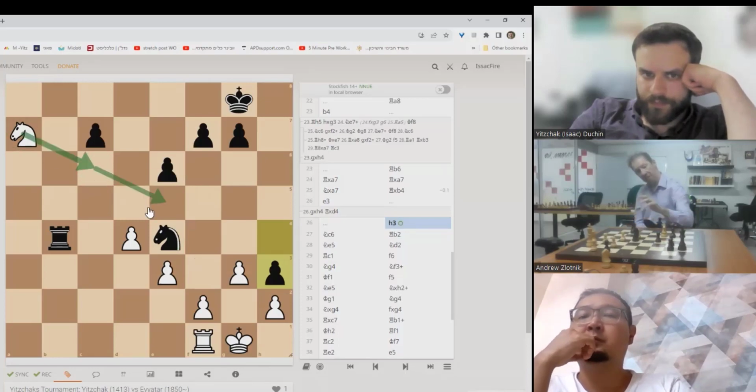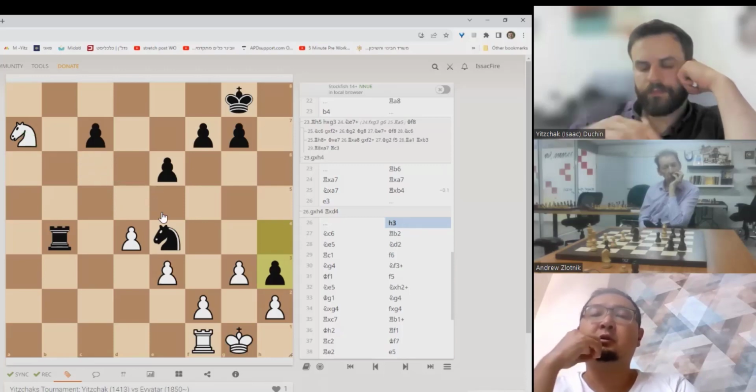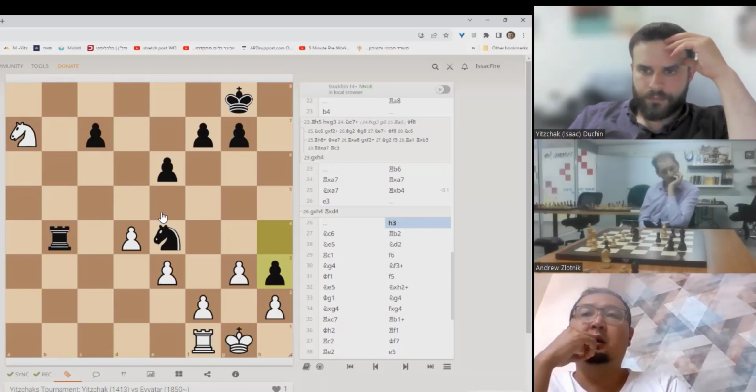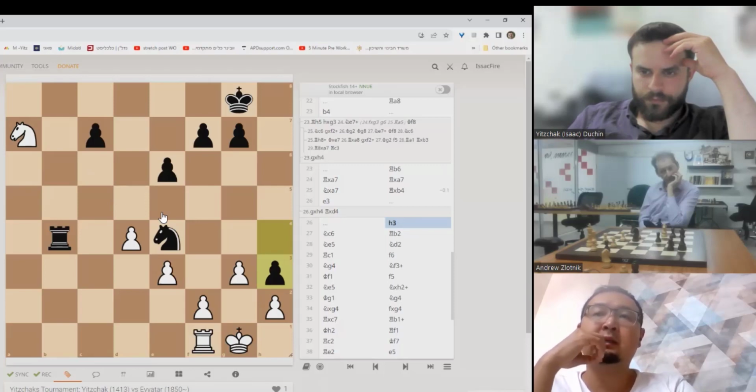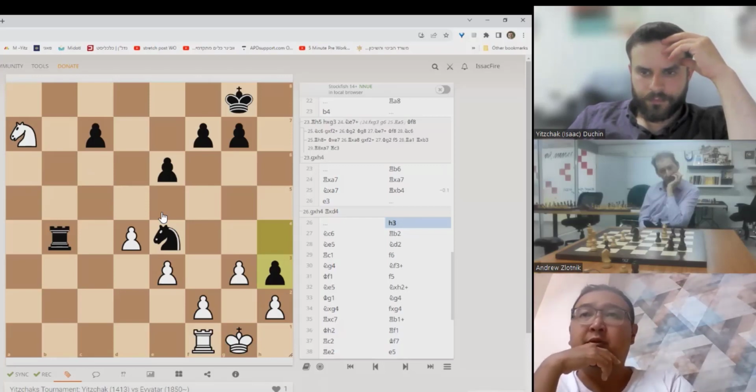So a general conclusion: in terms of material it is equal. In terms of king safety, black is better. Active or passive pieces, black is better, more active pieces. Pawn structure, maybe white is very slightly better. And in terms of creating threats, black is better.